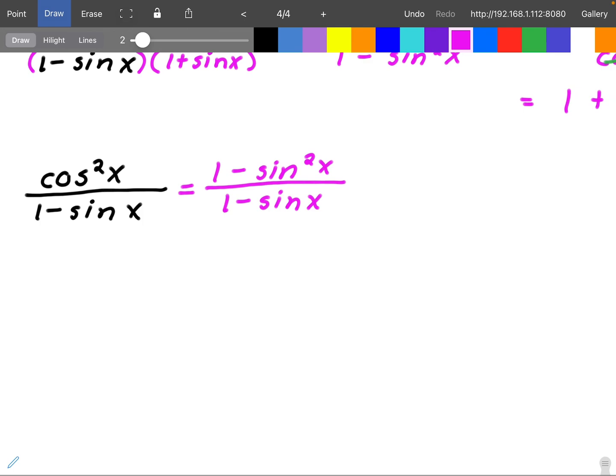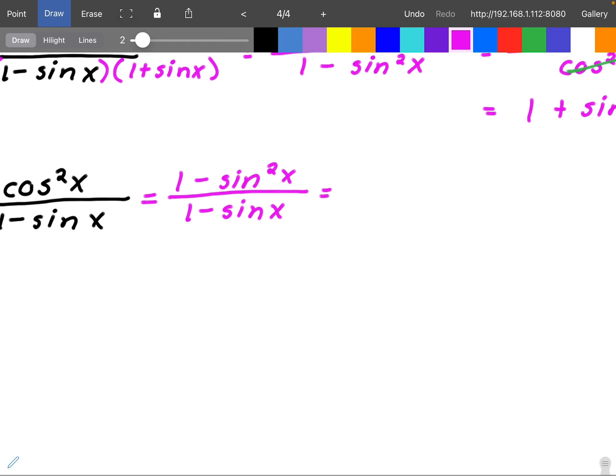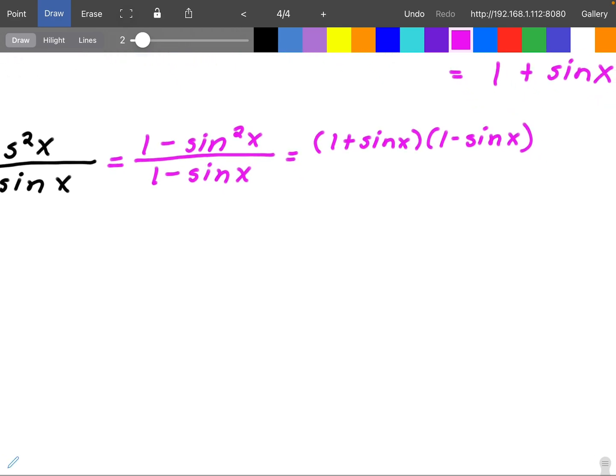Then I have that over 1 minus sine x. And then if we're thinking about some of the things that we've done previously, we know that this could be achieved by multiplying 2 conjugates together. So we're going to basically undo that. We know that that could be achieved by doing 1 plus sine x times 1 minus sine x. So we're basically multiplying in reverse. And then we have our denominator, which is 1 minus sine x.